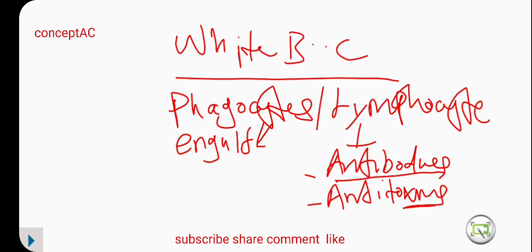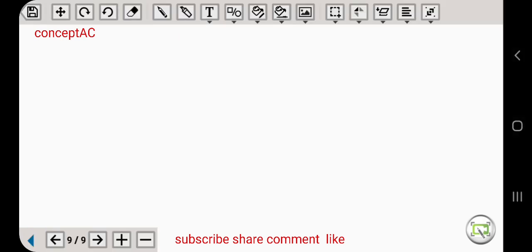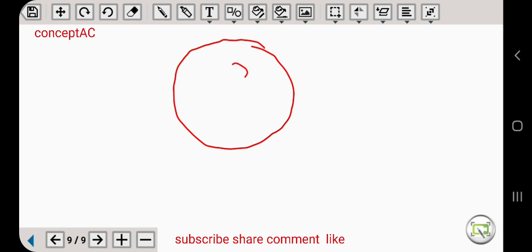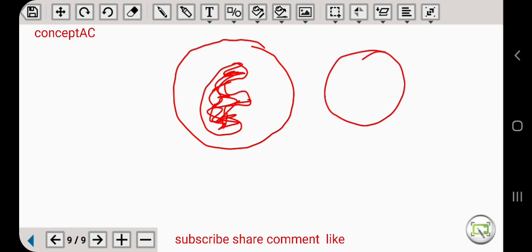Now we talk of the shape of the phagocyte and the shape of a lymphocyte. A phagocyte has got a lobed nucleus. It can be a nucleus like this.